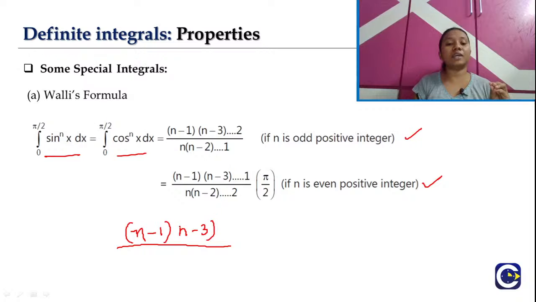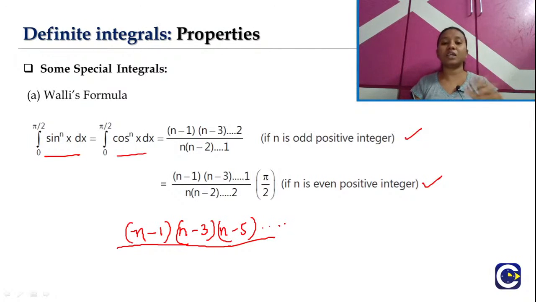So we'll be subtracting the odd numbers: n minus 3, the next will be n minus 5, until we reach 1 or 2, it shouldn't be 0 or less than 0. Until that we can stop.